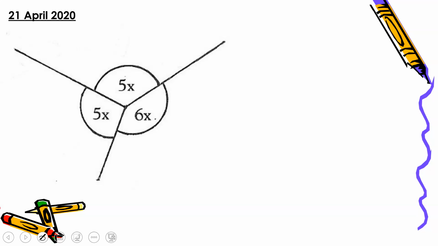And so angles at a point, so 360 is equal to 5x plus 5x plus 6x. And the reason for that is angles at a point. So what does that mean?